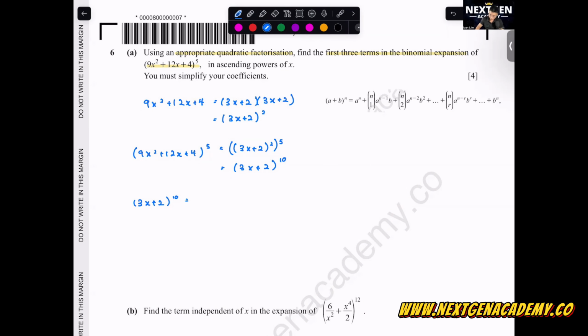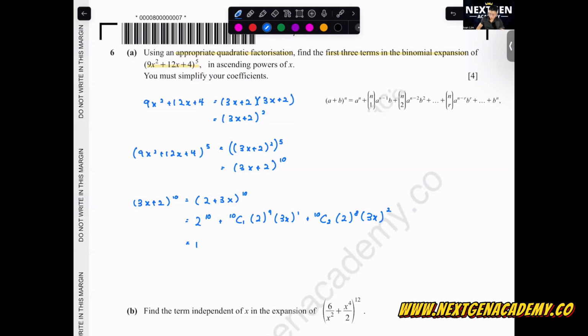So I want you all to flip this to 2 plus 3x to the power of 10. Got it? So your expansion will be 2 to the power of 10 plus 10c1, 2 to the power of 9, 3x to the power of 1. Otherwise, you get a descending order. Then 10c2, 2 to the power of 8, 3x to the power of 2.